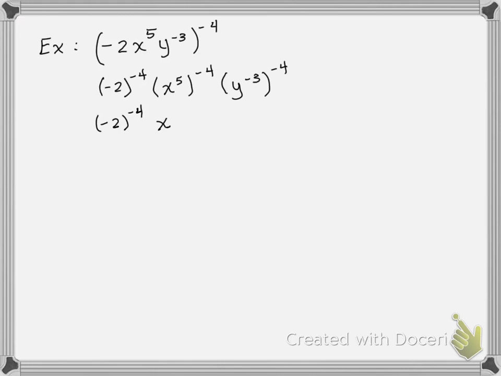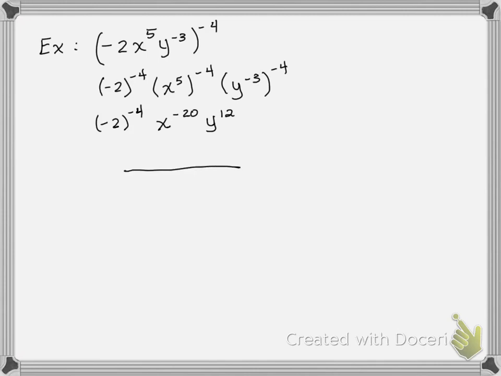We multiply them, so I should get x to the negative 20, y to the positive 12. Very good. So now we're going to go through factor by factor and put everybody in their place.